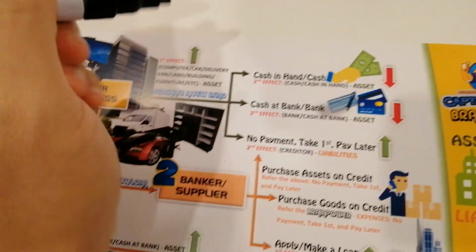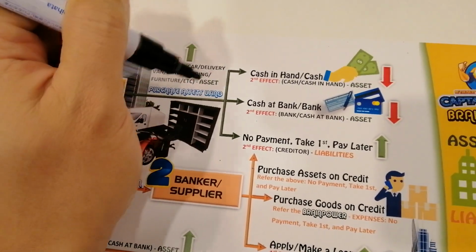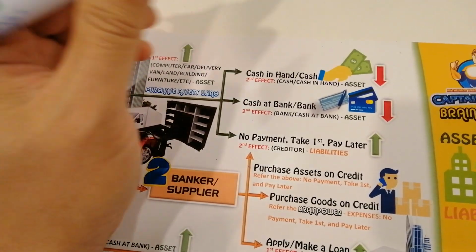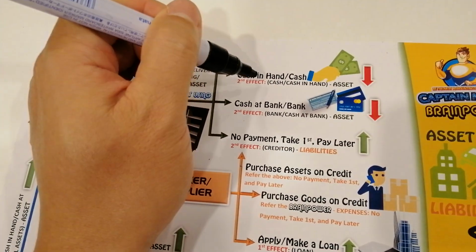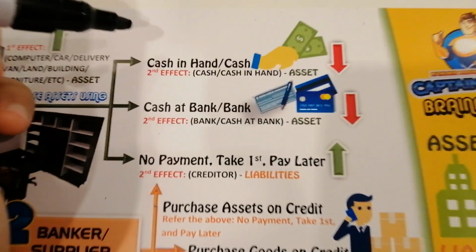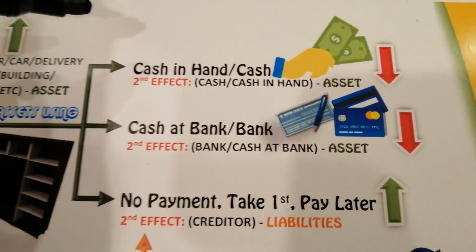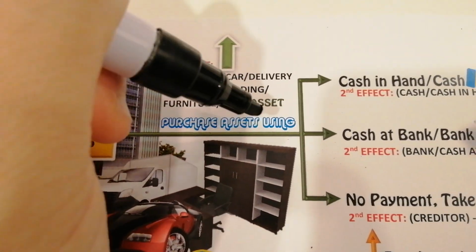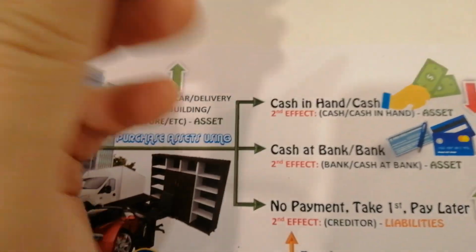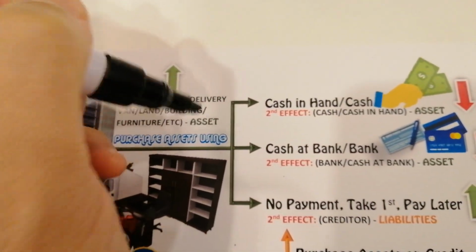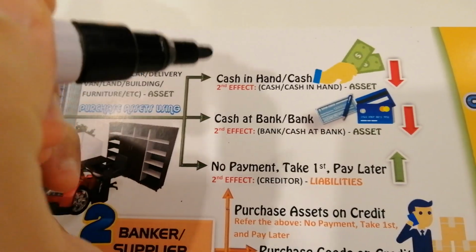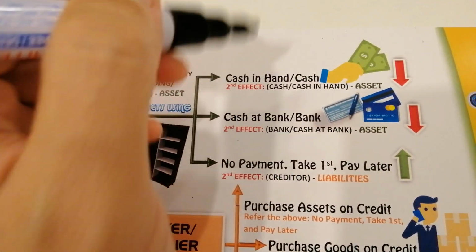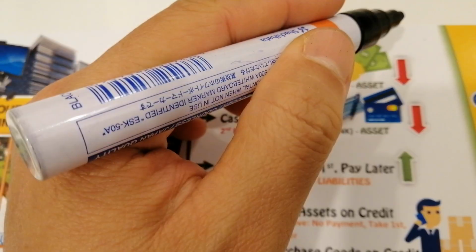Okay, so business can purchase asset using apa? Business boleh beli asset, dia boleh guna cash dia. So, if you look at this brain power, dia dah bagi tahu computer category asset. Car category asset. So, if the business purchase asset using cash, business bayar cash terus.